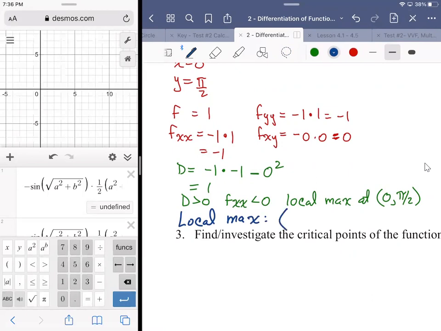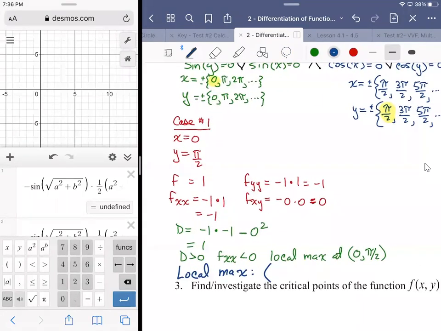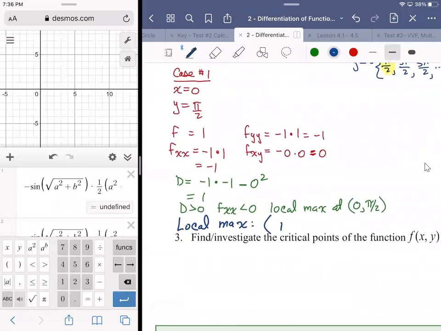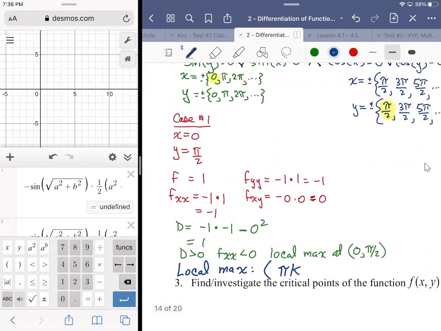any value that follows this relationship, anything that's plus or minus 0, pi, 2 pi, so that's pi k, would be my x value. So pi k, where k belongs to the set of integers. So that gives you 0k, 1k, 2k, 3k, 4k, whatever. And then any odd multiple of pi over 2.